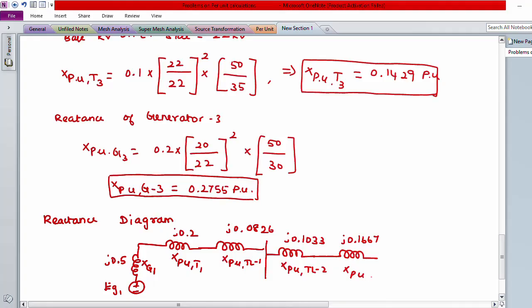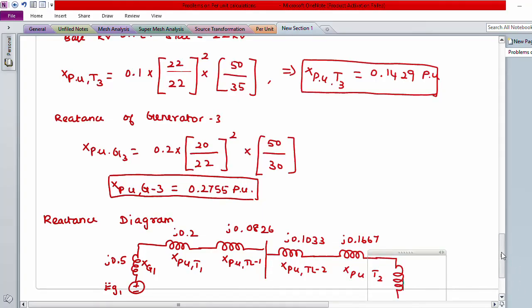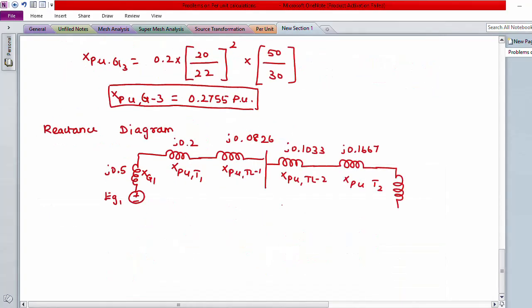This is X per unit transformer 2, which is connected to the generator. The reactance of generator 2 is X per unit G2 equal to j0.3333. Either you can represent in terms of j values, or you can represent in terms of per unit. So it becomes generated EMF EG2.